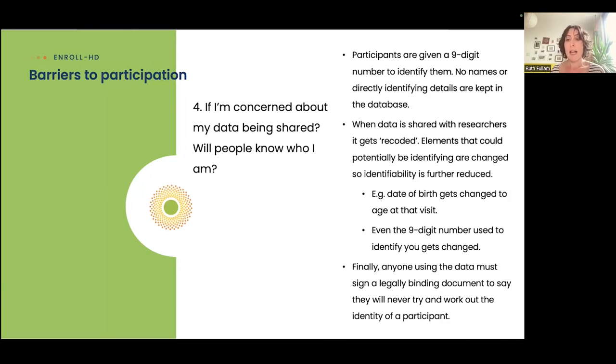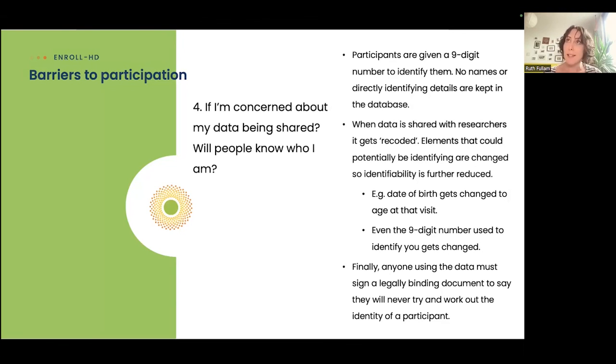When data is shared with researchers, it gets recoded. So we clean it up a little bit to make it even harder for anybody to be identified. For example, things like date of birth get recoded, so it becomes age at that study visit.